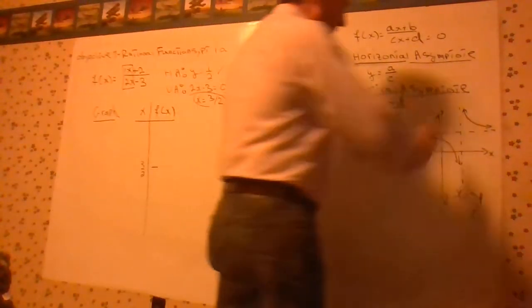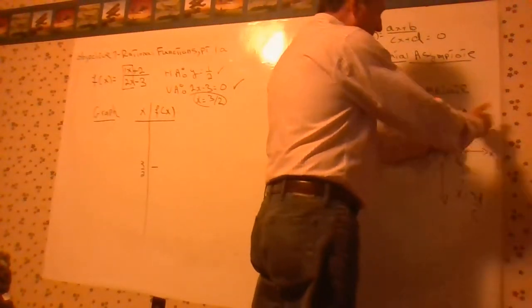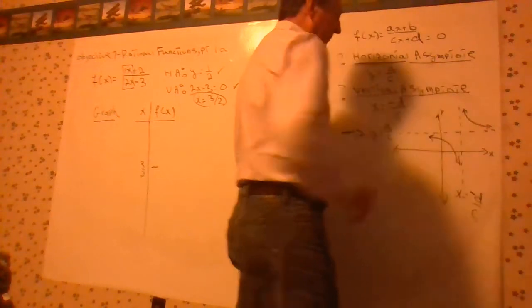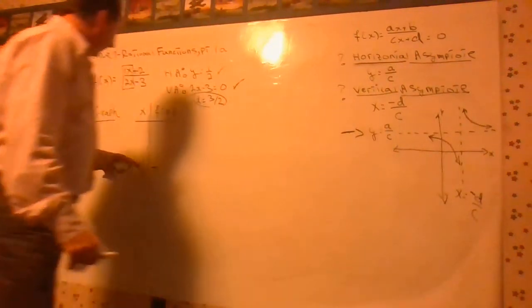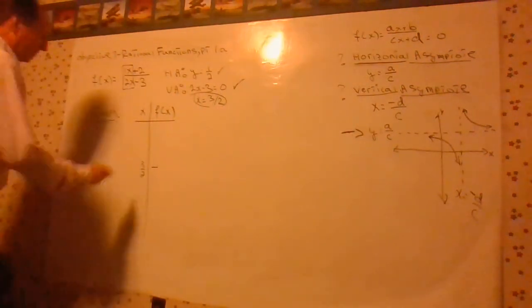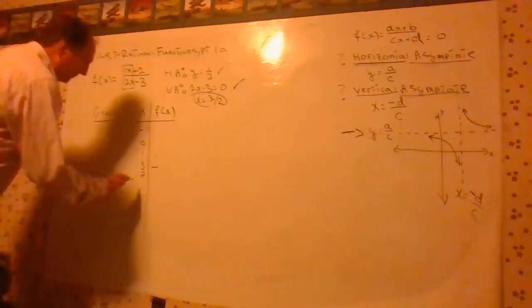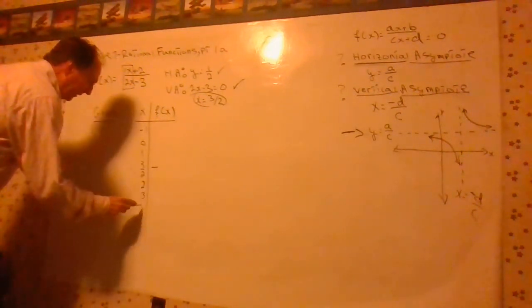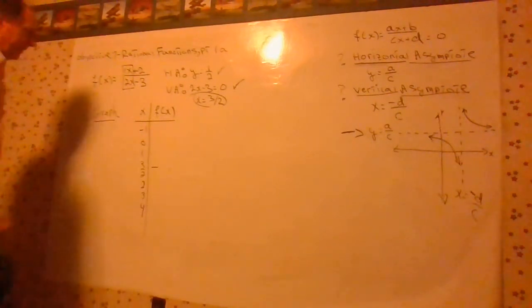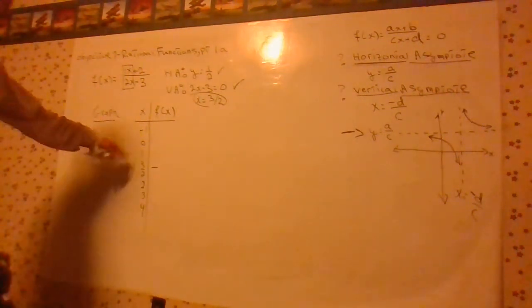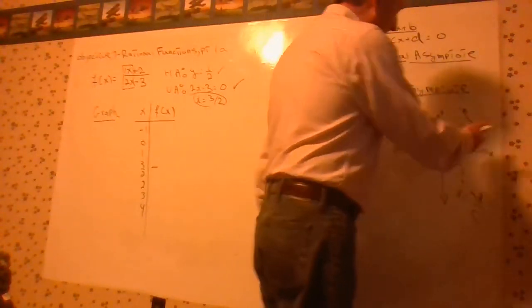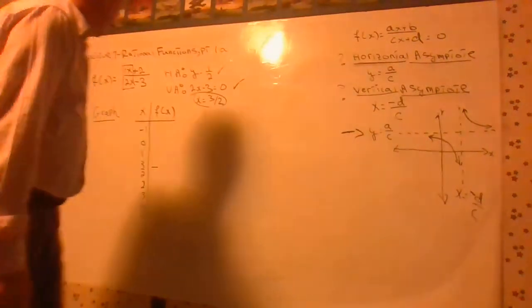This vertical asymptote right in the middle, we want to pick a few points to the right, a few points to the left. And so to the left, you can count back 1, 0, negative 1, count forward 2, 3, 4, and that will give us enough to draw the graph. We're really just trying to decide where these parts are. We already have the asymptotes established.